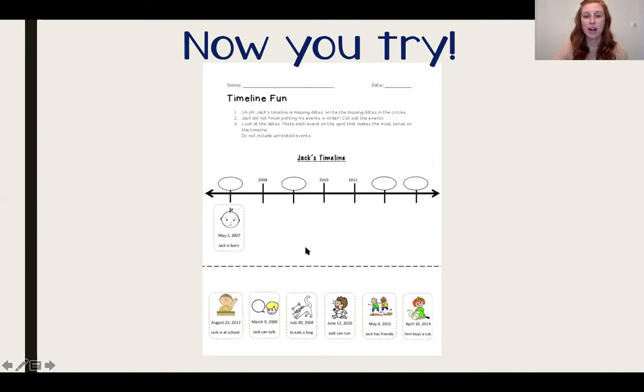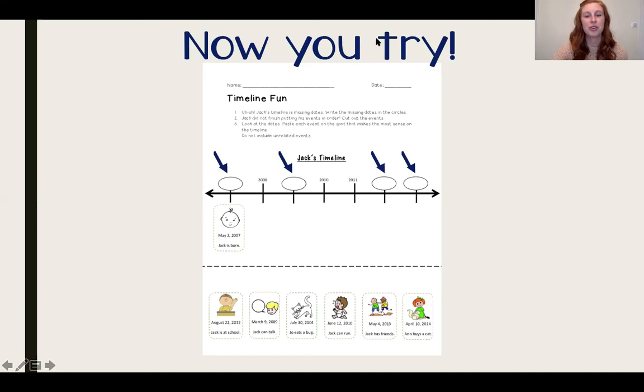It's going to try and trick you because some of the pictures don't go in Jack's timeline. The only places that you have to add pictures are right here where the bubbles are. So you'll add a picture under the bubble and then you will write the year that it happened.